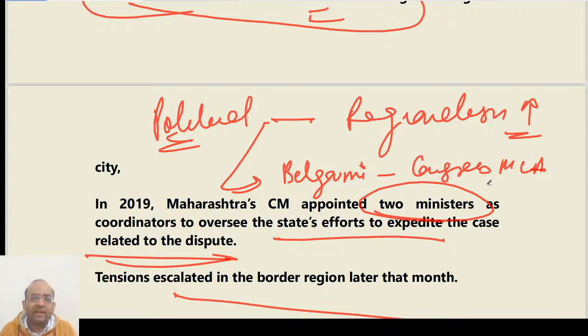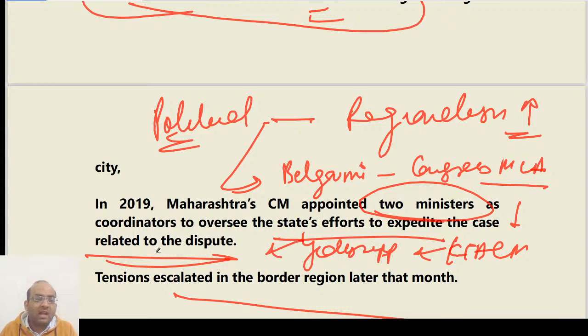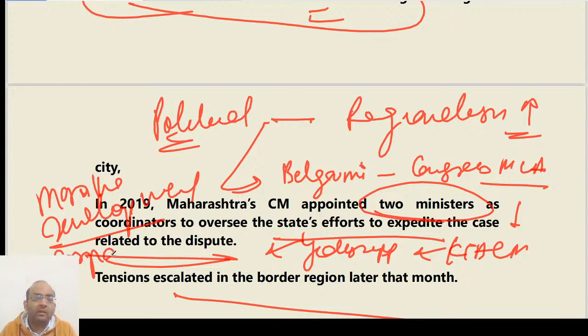Okay. So what happens? Karnataka's CM, that is Yediyurappa, has proposed the Maratha Development Corporation, and it has provided 50 crore rupees to ensure the well-being of Maratha people.